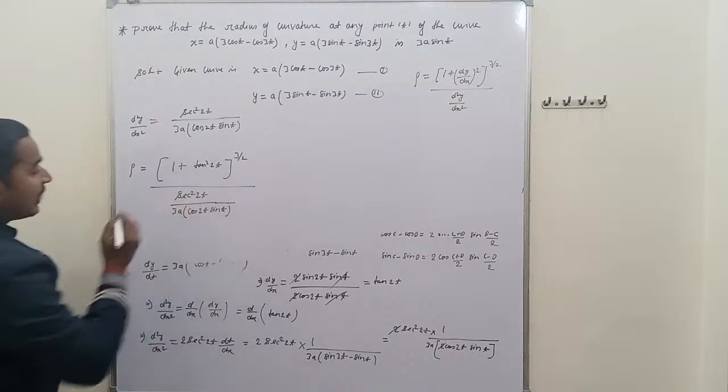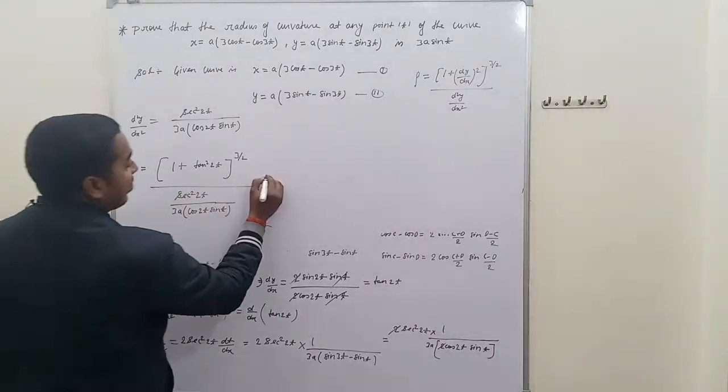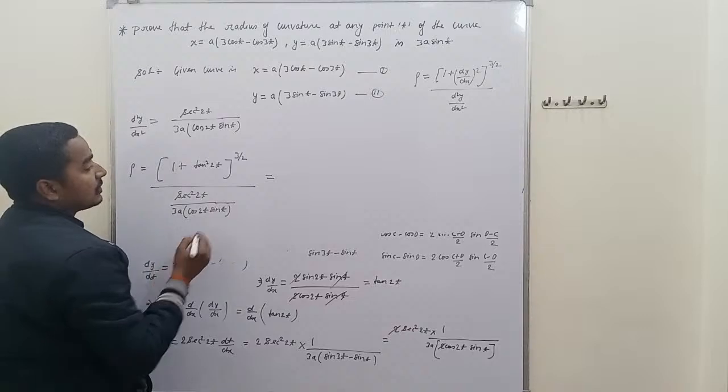And further, 1 plus tan square 2t is sec square 2t.